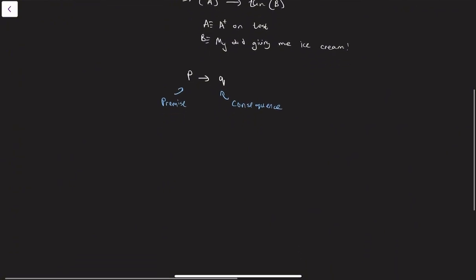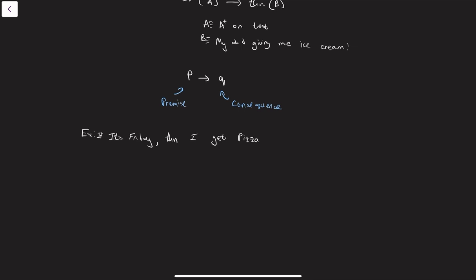So let's write out an example quickly and then talk about the truth table and filling this in and what it actually is. So let's do the example. If it's Friday, then I get pizza.